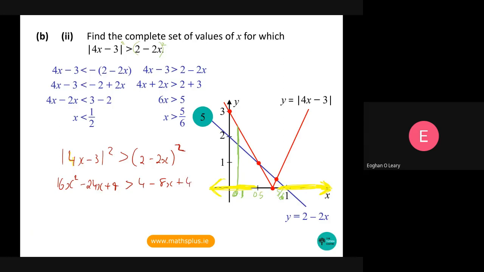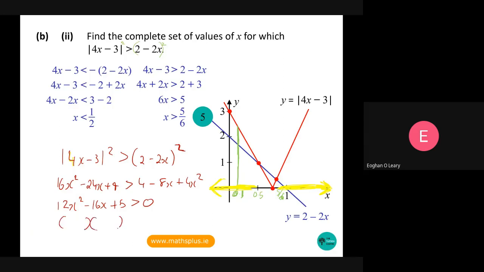Keep an eye on my maths here, Andrew. When we bring this over, we're going to get 12x squared. What are we going to get here? A negative 16x. And what are we going to have here? A plus 5 is greater than 0. If you solve that inequality, you're going to factorize and solve.